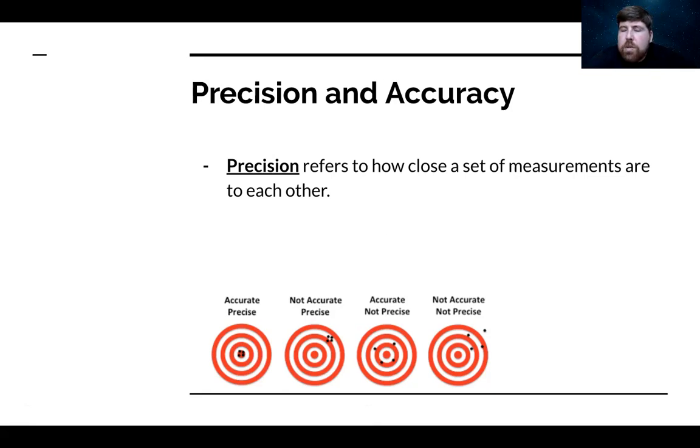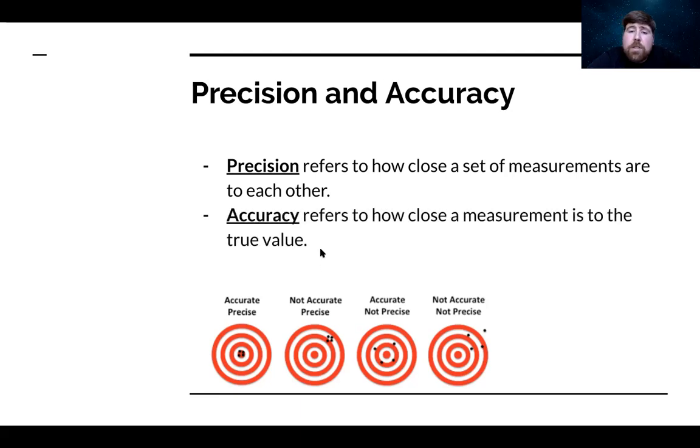I always like using gold. If I have a pile of gold and I put it on a scale and it says it's 25 grams, and I take it off the scale and then move it back onto the scale and it says it's 25 grams, those two are the same measurement, and the set of measurements, trial one and trial two, are precise.